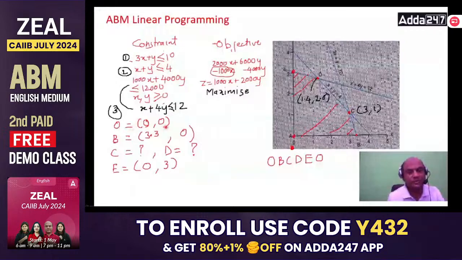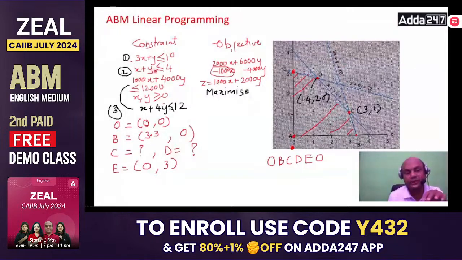Put y equals to 0, you get x equals to 10 upon 3. So 3.33. This will be the point. Everyone pay attention. Similarly, put x equals to 0, you will get y equals to 10. It will go above somewhere. We don't need that line. So it will go like this. This will be the line. Next one.